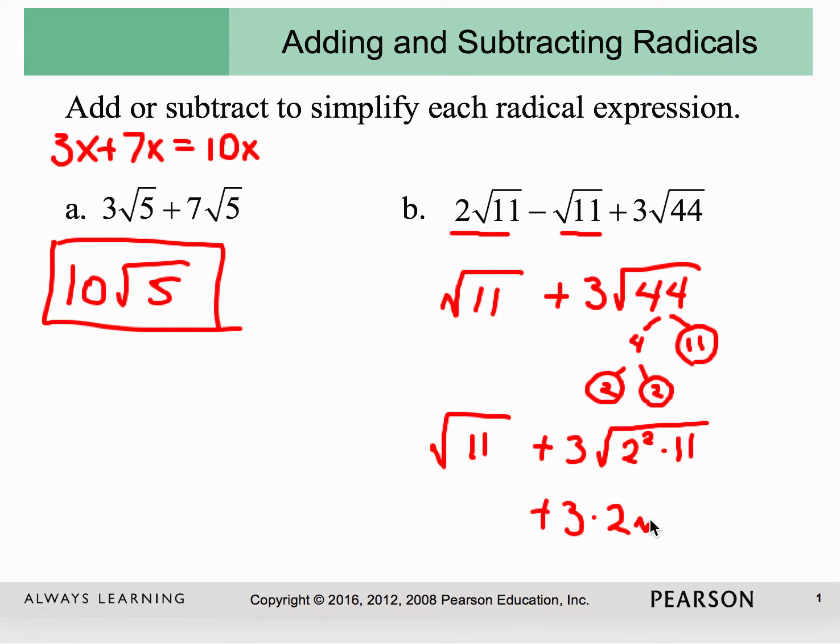And nothing is left over, except for the 11, right? 2 doesn't go into 1 at all. Oh, but look what that means. So this is square root of 11 plus 6 square roots of 11. Hey, one of these plus 6 more of them, all together, 7 square roots of 11.